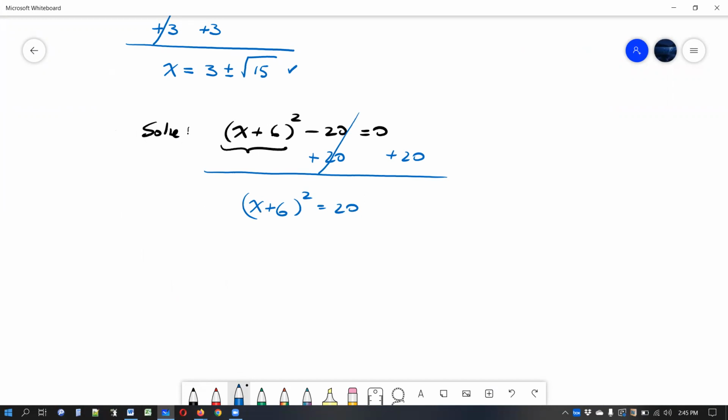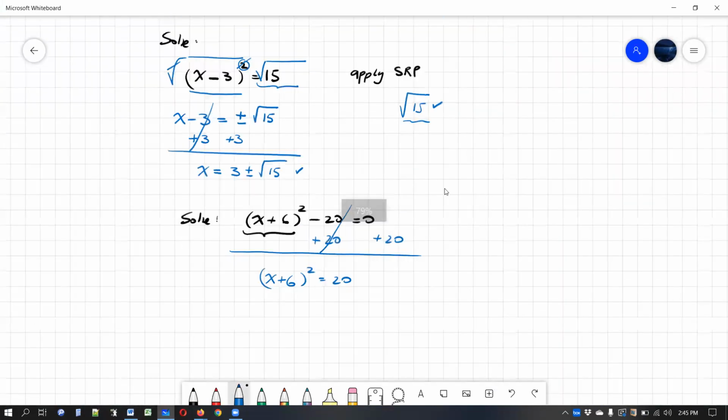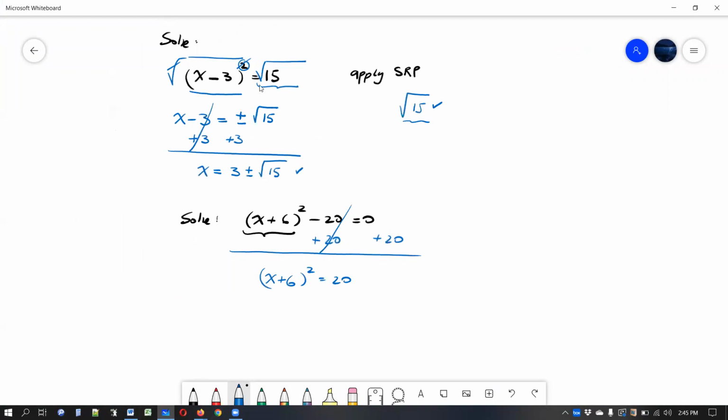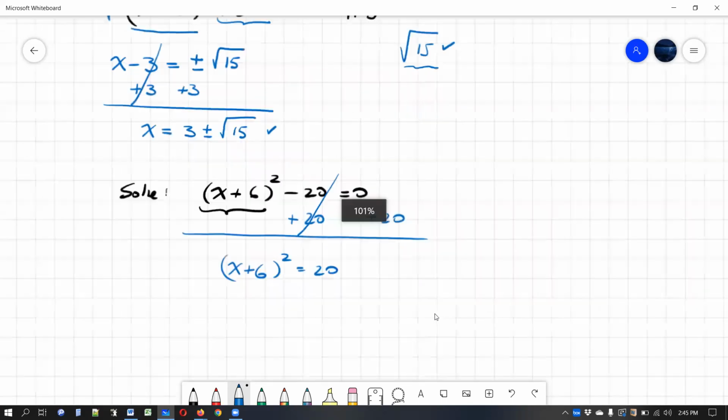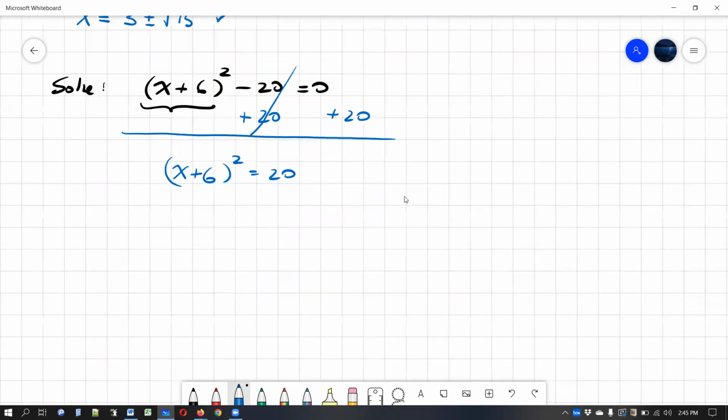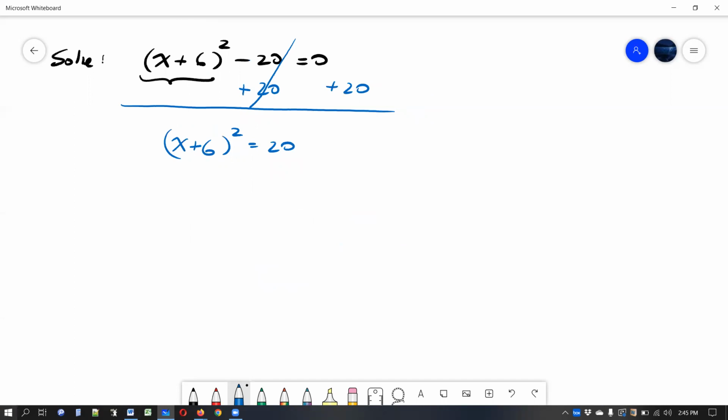Now I am in a similar situation as before. In the previous case, the equation was already isolated on the left with the number on the right, just like I am right now. At this point, I am ready to go and take the square root of both sides.